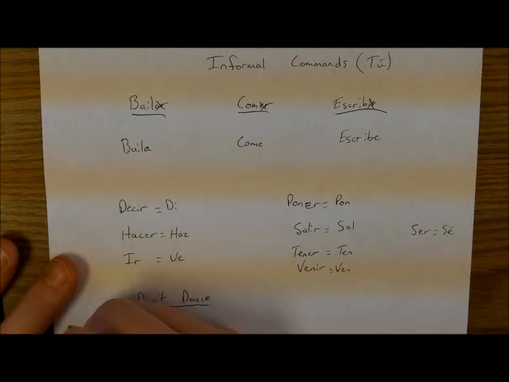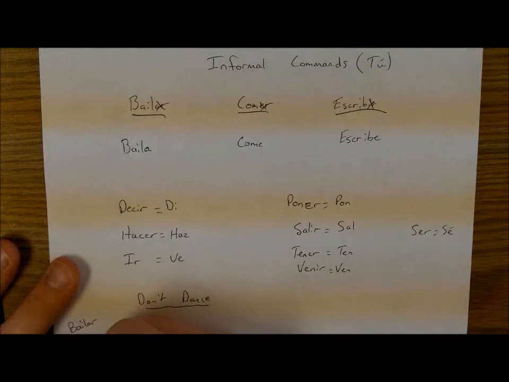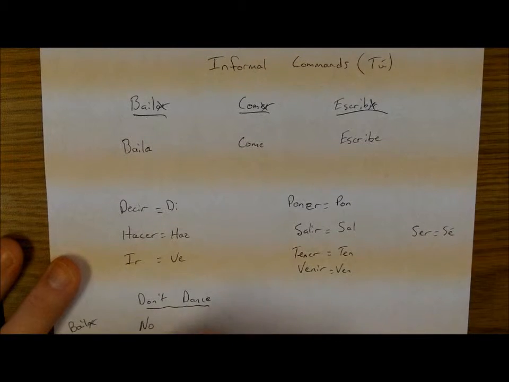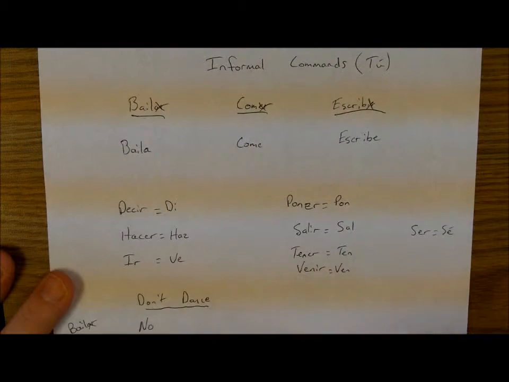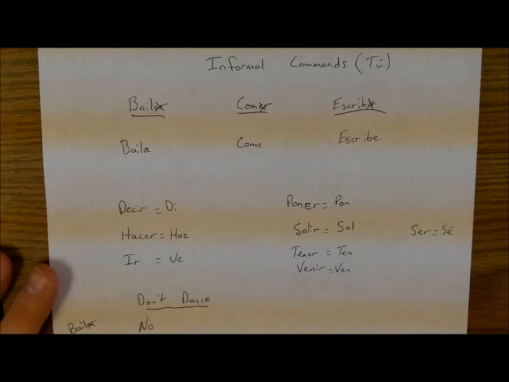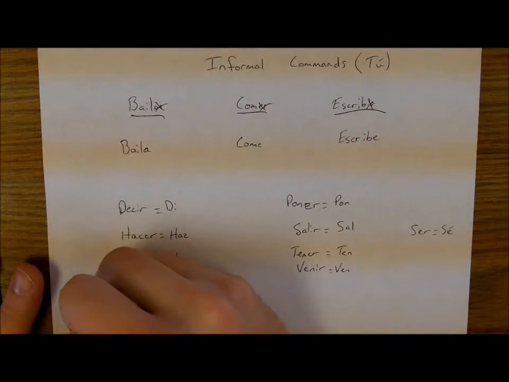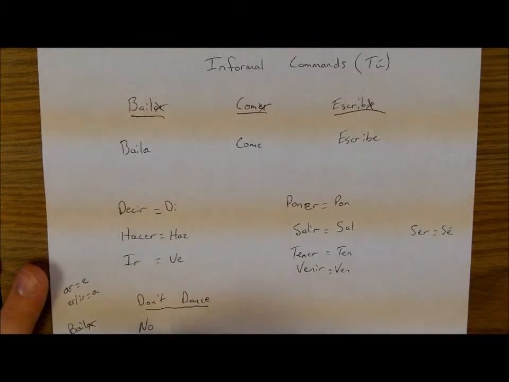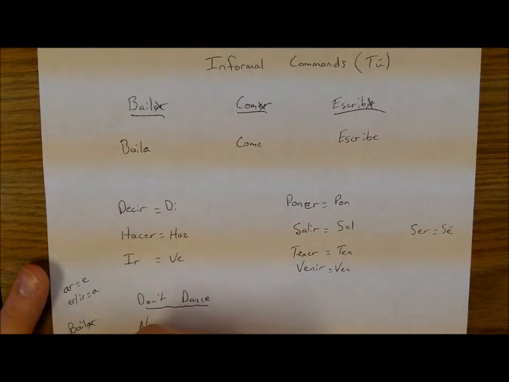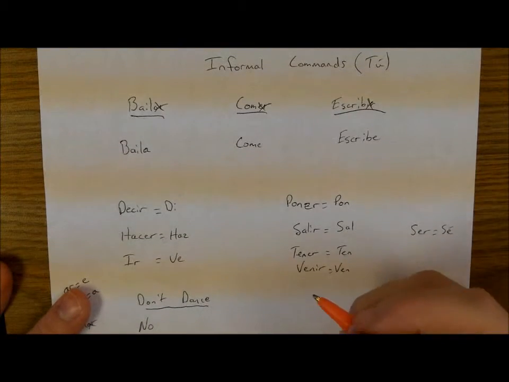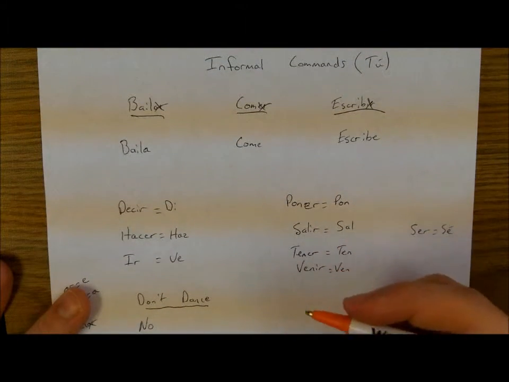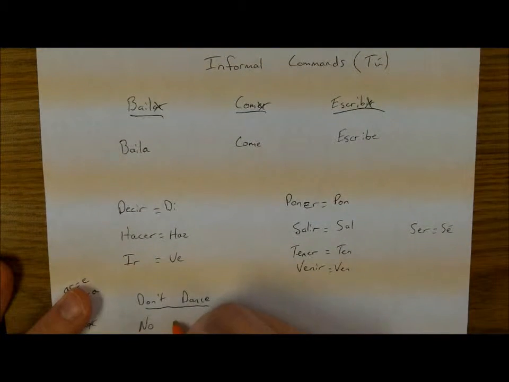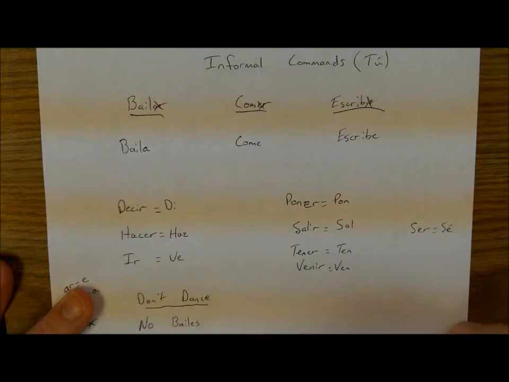For bailar, we'll have bailo. Then you put it with opposite endings. AR verbs will get an E and ER and IR verbs will get an A. In this case, we'll change it to baile. And if that's not confusing enough, you have to add an S on the end. So you get no bailes.